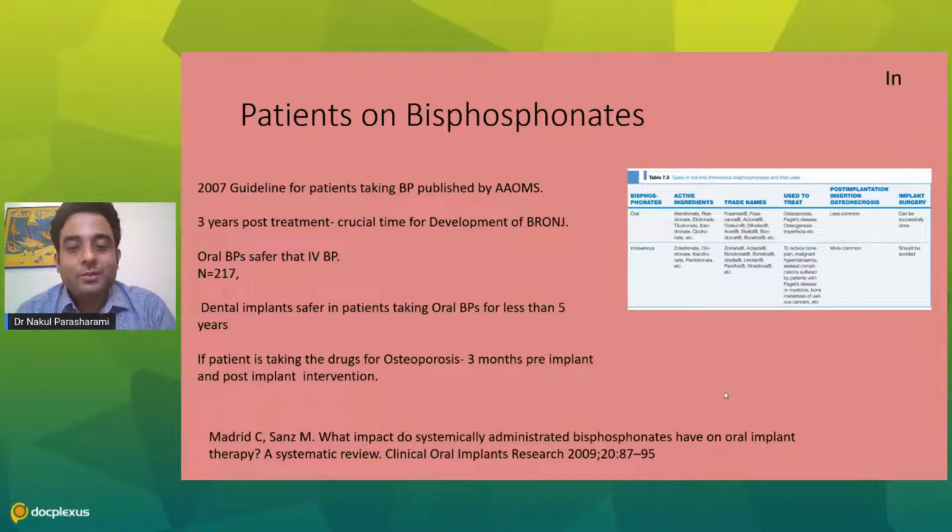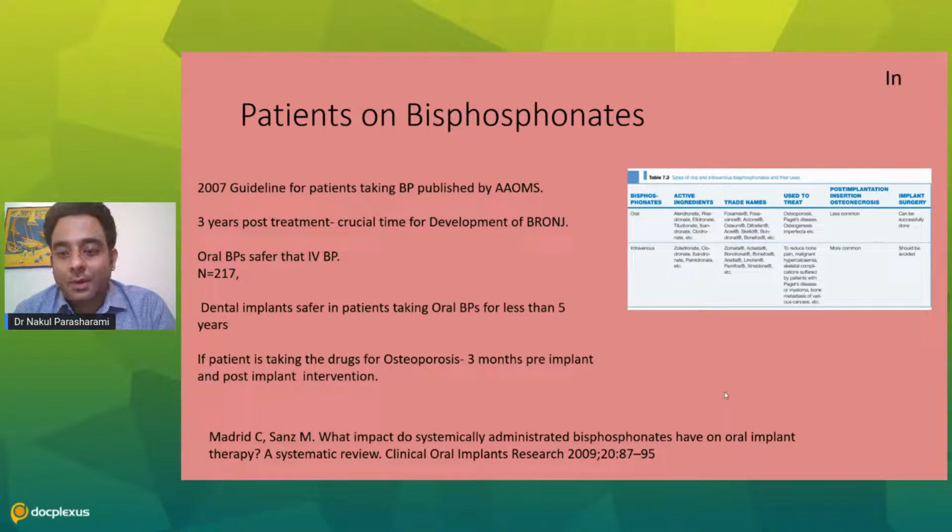Bisphosphonates also act on osteoclasts, inhibiting their chemotaxis and lifespan, and hence they inhibit bone resorption and induce osteonecrosis. There is an important difference between bisphosphonates administered intravenously or taken orally. Oral administration of bisphosphonates to postmenopausal women to treat osteoporosis is fairly common.